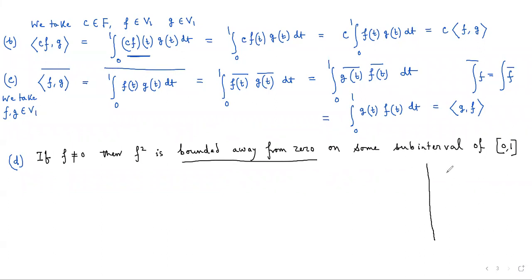Let us try to understand this particular term from two aspects. First of all, let me write it in the following manner. f squared is bounded away from 0.